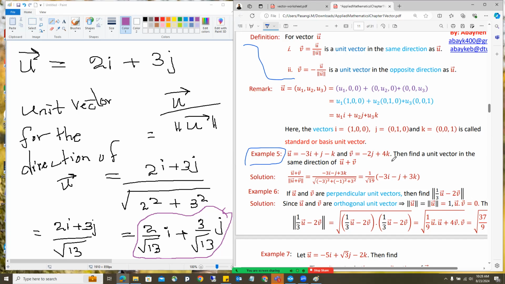They ask us to find the unit vector in the same direction as vector u plus vector v. First you have to find vector u plus vector v. Try to do example 5.